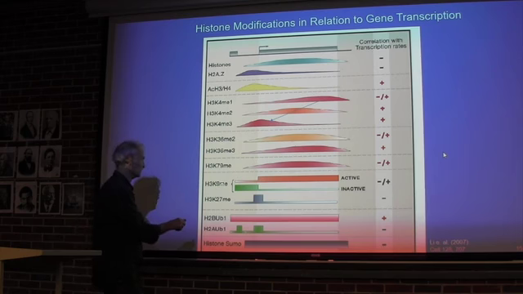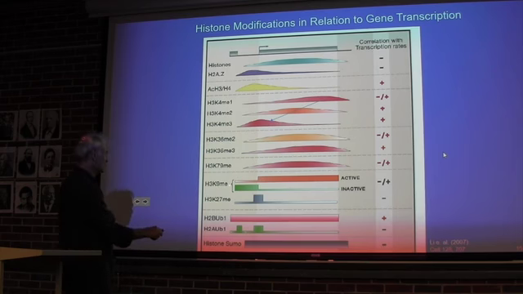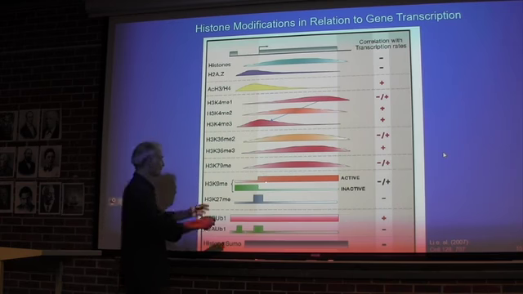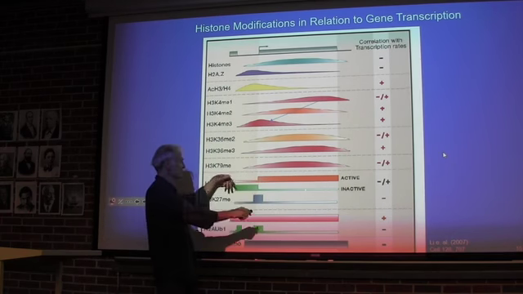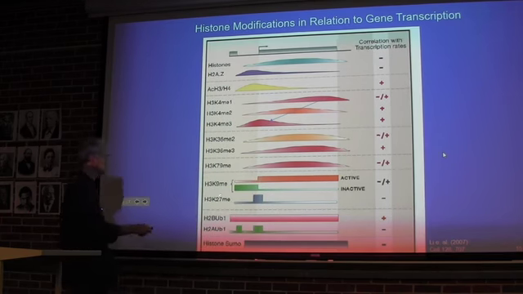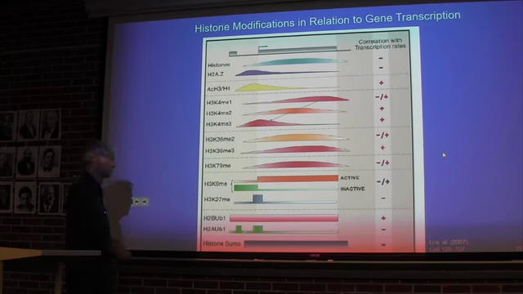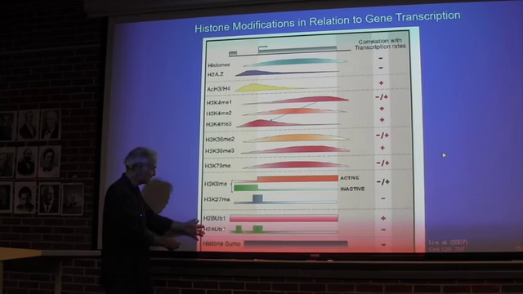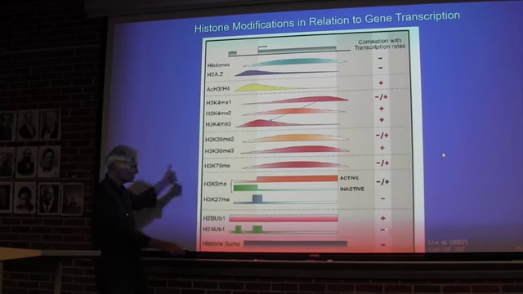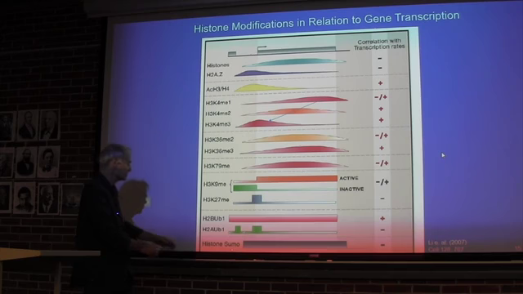K9, notice the distribution here. It's active everywhere but the promoter. It's the opposite configuration. Here's 27, where it's definitely associated with inactivation. Ubiquitination of one of the histone 2As is associated with repression, the other with activation.